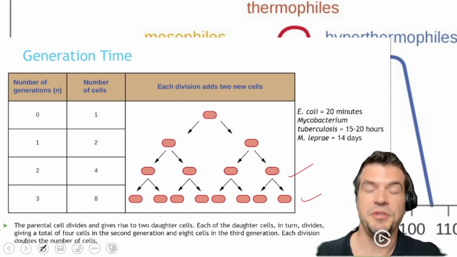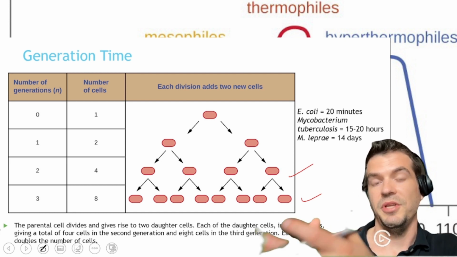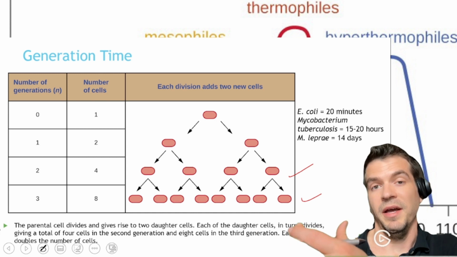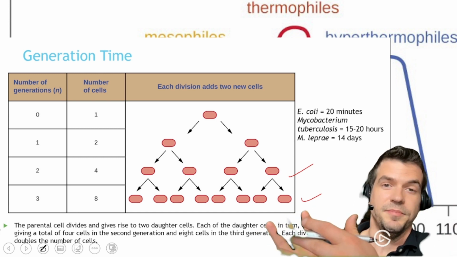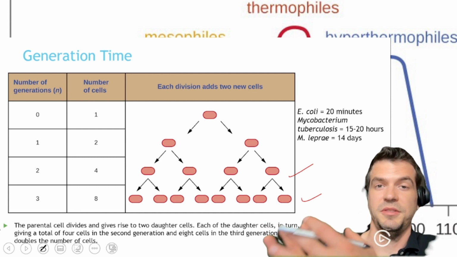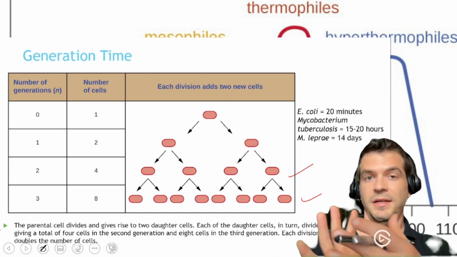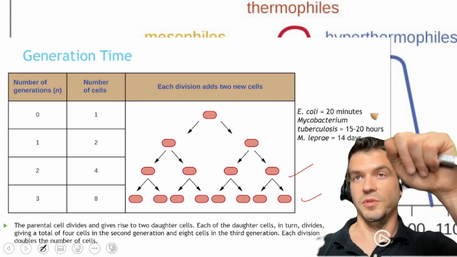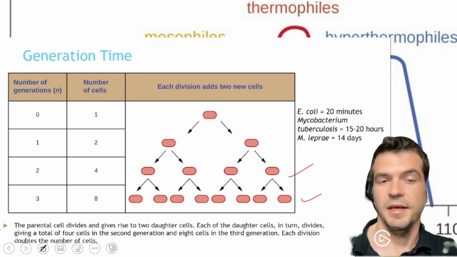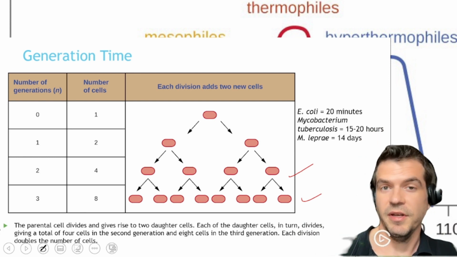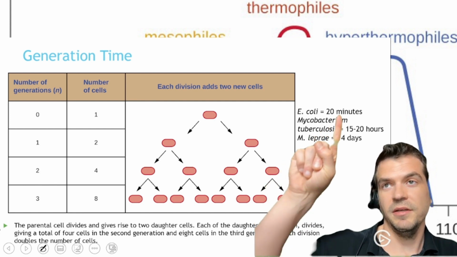And as I mentioned in the lab, that 20 minutes is affected by agitation, by being at 37 degrees Celsius, by giving it the proper nutrients that it needs, etc. Any deviation from that, you will not get a complete 20-minute generation time. However, given the optimal conditions, E. coli will be 20 minutes.